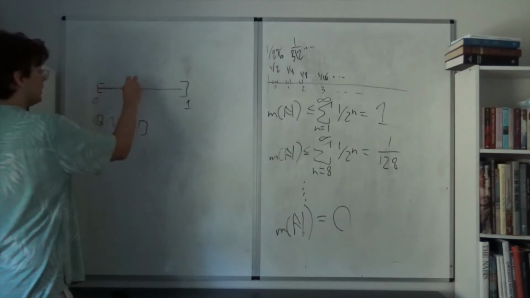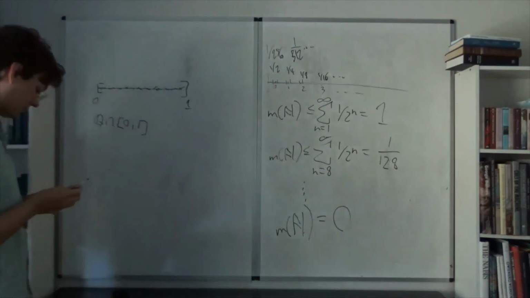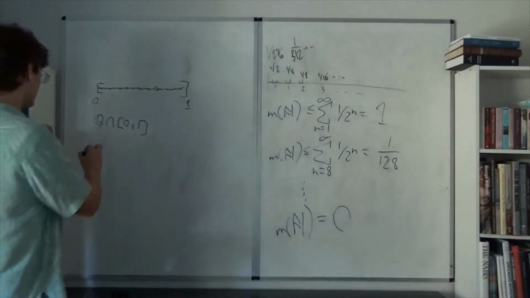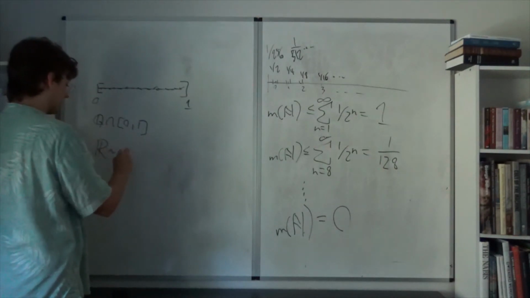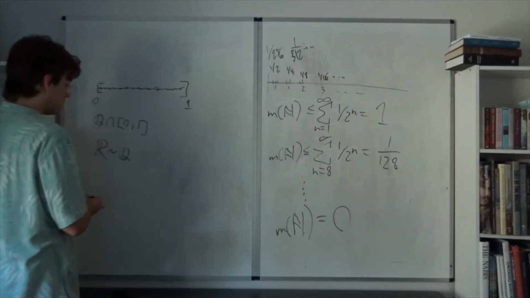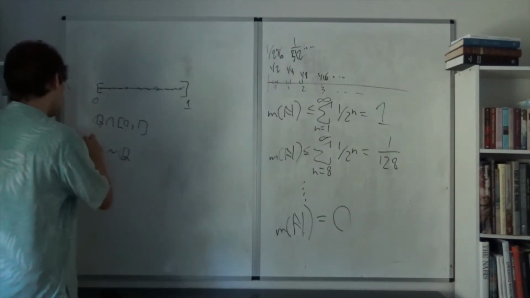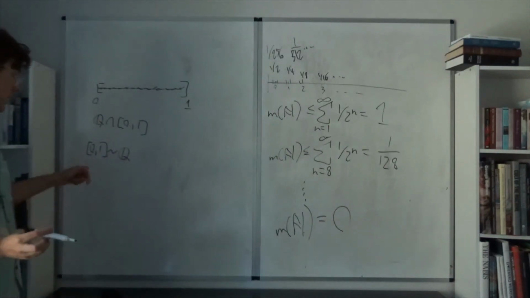So all of these guys, all over everywhere. Well, that can't be 1, right? Because this isn't everything. There's also the irrational numbers. So, 0 to 1, remove Q. This is all the irrational numbers inside of there.